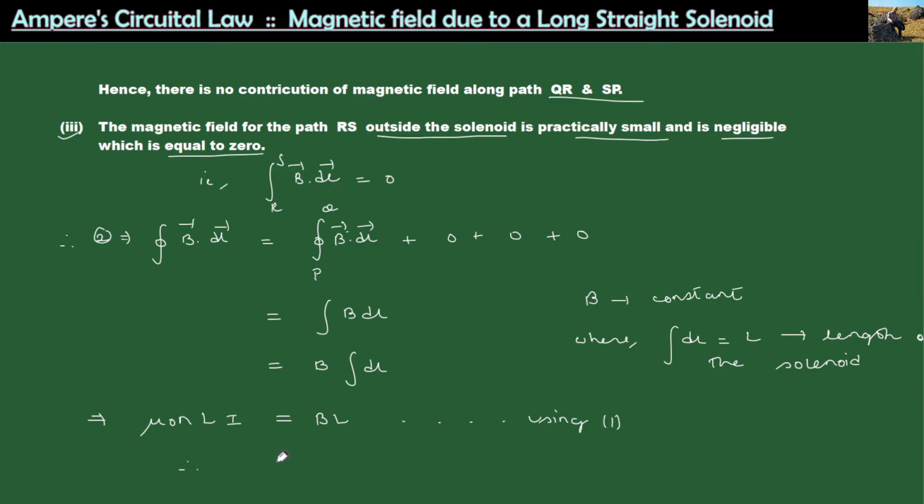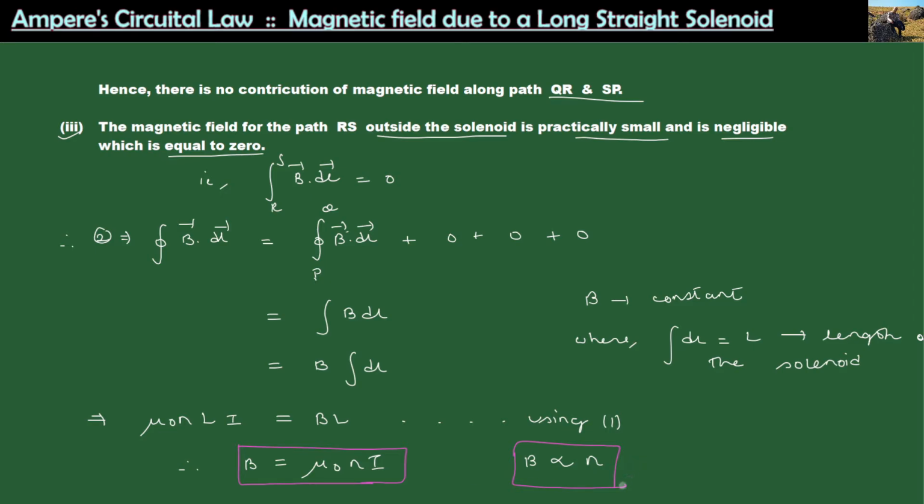Here we can cancel l and l, which means that B will be equal to mu naught n I, so this magnetic field B is purely dependent upon the number of turns. The more the number of turns, the more the magnetic field of the solenoid. The fewer the number of turns, the weaker the magnetic field.